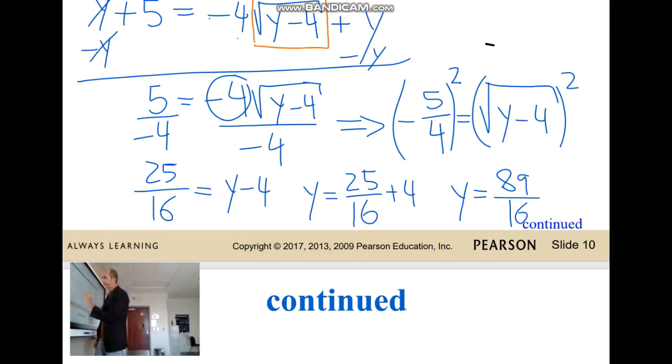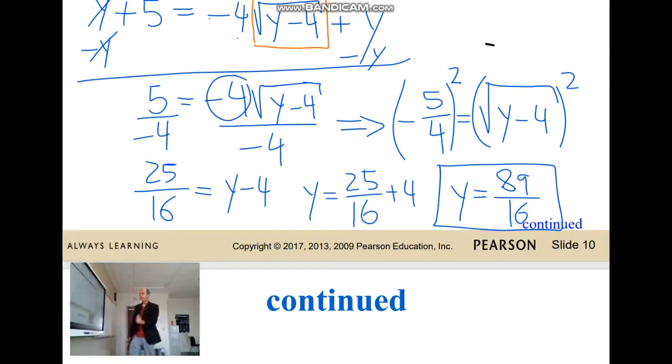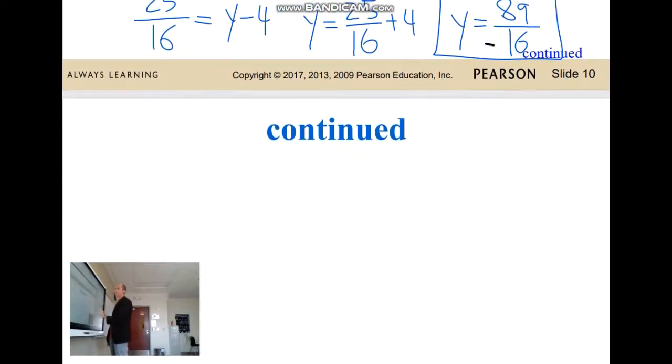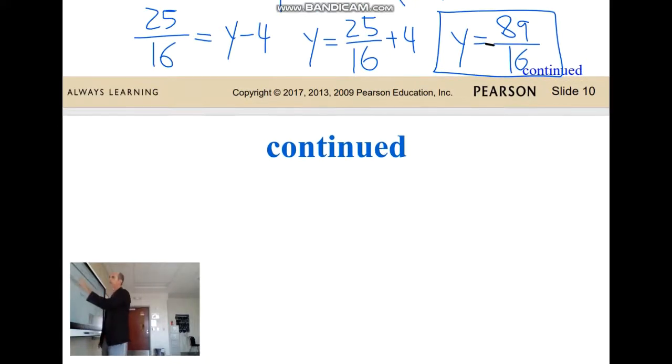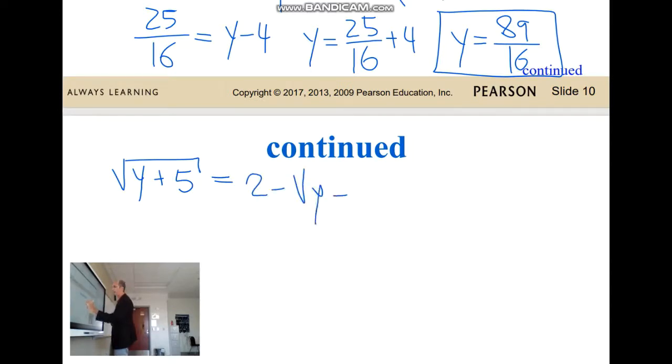This is a possible solution. It still needs to be checked. You still need to check it. So let's get this possible solution here. Let me remove this. Okay, let's get this possible solution and check it in the original equation. The original equation is going to be this one, the square root of y plus 5 equals 2 minus square root of y minus 4.